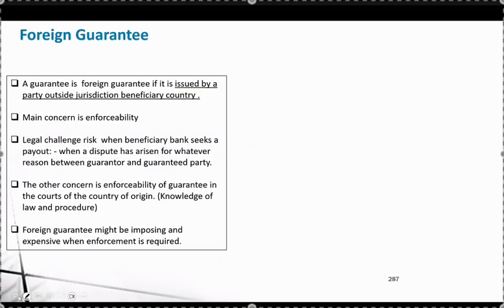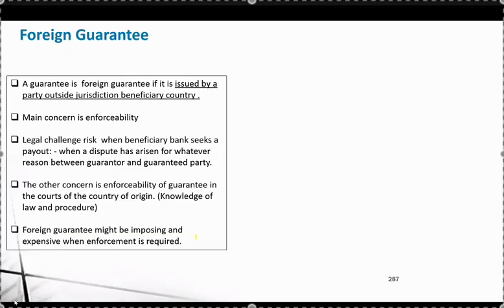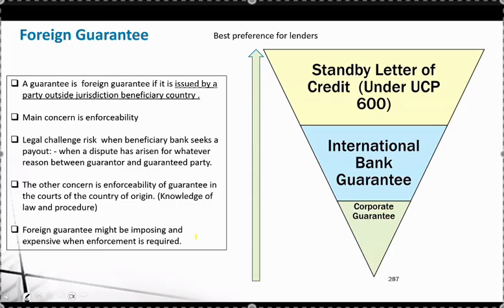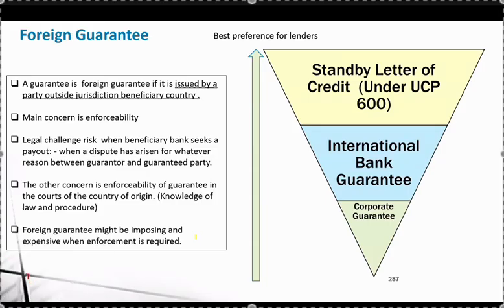A guarantee is a foreign guarantee if it's issued by a party outside jurisdiction. So there are three options if you take a foreign guarantee. There's the corporate guarantee, international bank guarantee, and standby letter of credit. Imagine if you get a guarantor from mainland China.